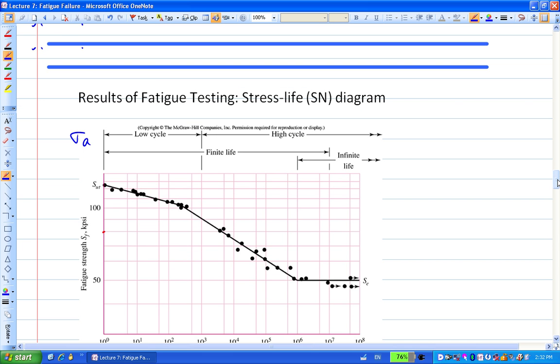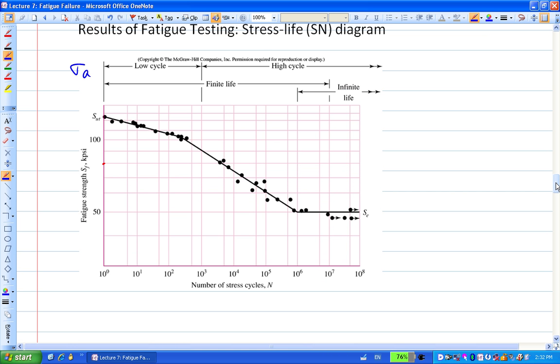A couple of things from this diagram. First of all, this diagram is for the material steel. I'll tell you why: only for steel will you have this so-called knee point here. It's flattened out here.